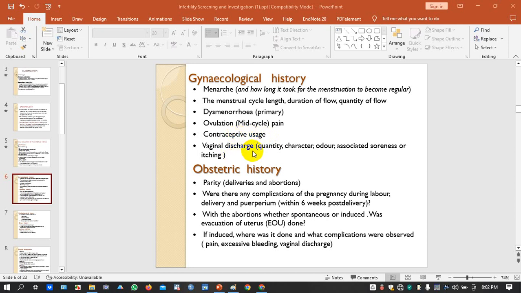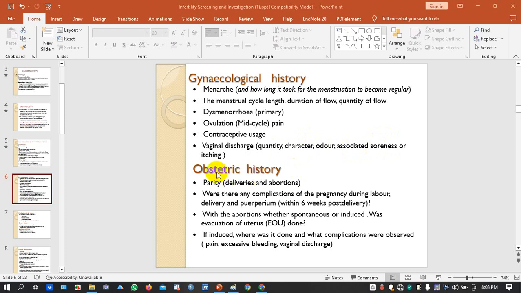Do you have vaginal discharge? What's the quantity of the discharge? Does it smell so bad? What's the color? Is there a sore around the vagina where the discharge is coming from? Is there a sore around it, and is it itching?